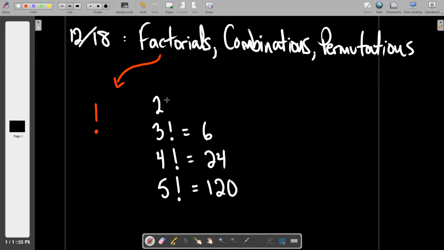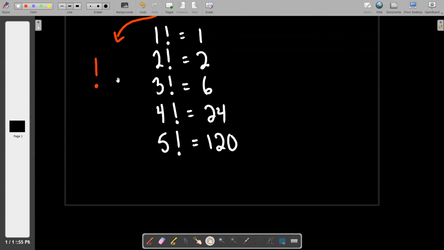And then there's 2 factorial, which equals 2. And then 1 factorial, which just equals 1. But 6 factorial is 720.